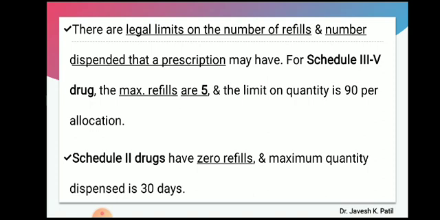The limit of quantity is 90% allocation, meaning up to a maximum of 5 times, 90% of the medication mentioned in the prescription can be refilled. So for example, if they have mentioned 10 tablets, only 9 tablets. Generally this is not strictly followed, but it is said that the quantity has a 90% allocation.